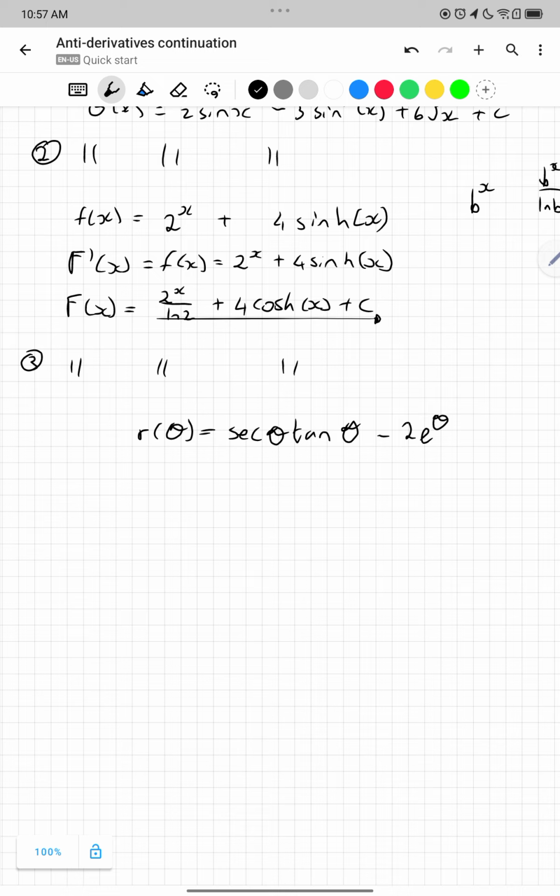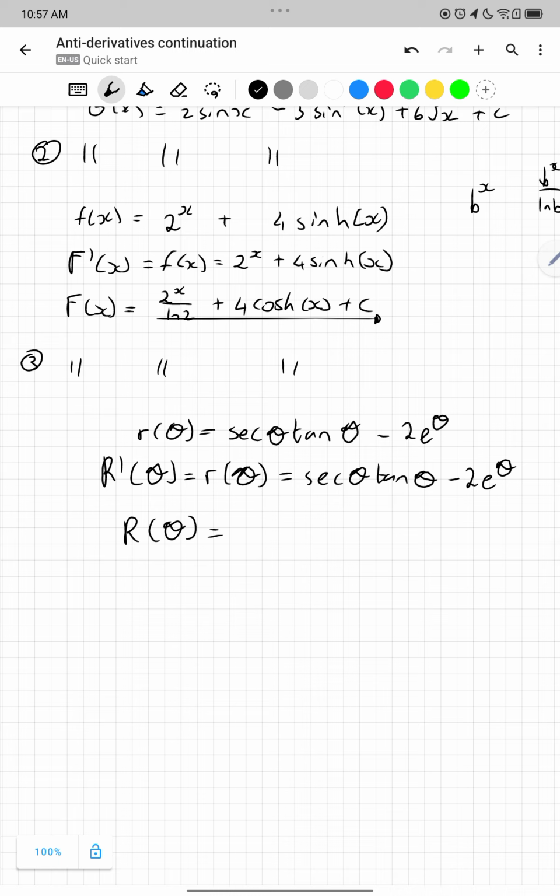Well, you know that r prime of theta is equals to secant theta tan theta minus 2e to the theta. So r of theta is thus equals to, remember when we're deriving secant, we get secant tan, right?